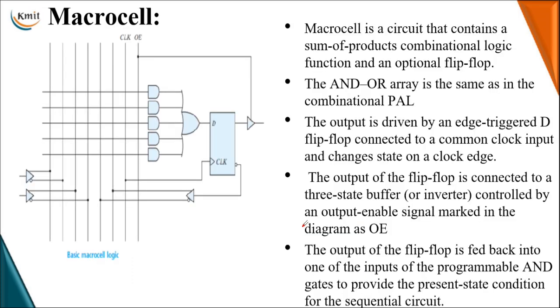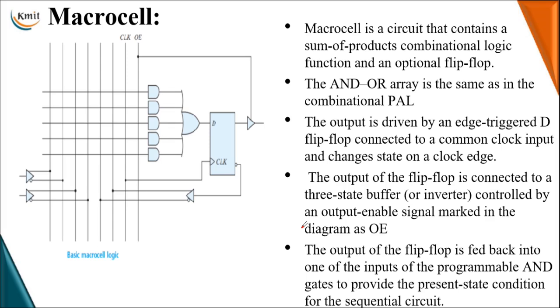These sequential PLDs are implemented using a basic cell called a macrocell, and an SPLD is a collection of 8 macrocells. Such 8 macrocells can form one sequential programmable logic device. A macrocell consists of sum-of-products combinational logic functions with an optional D flip-flop.